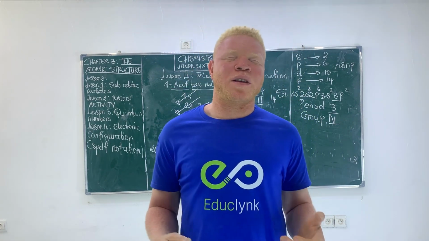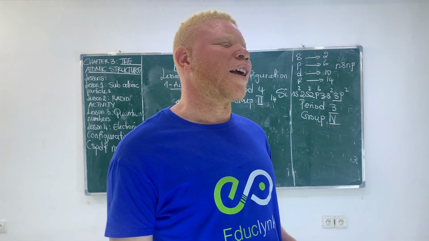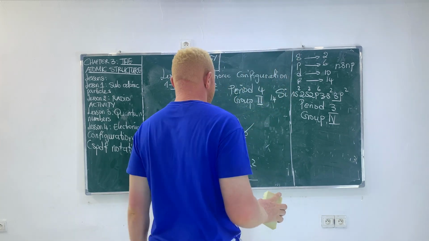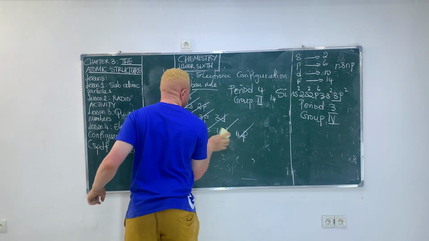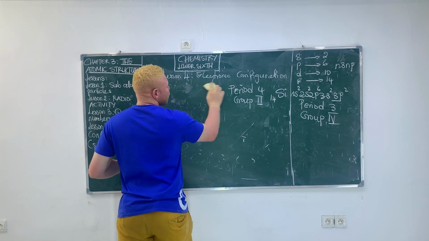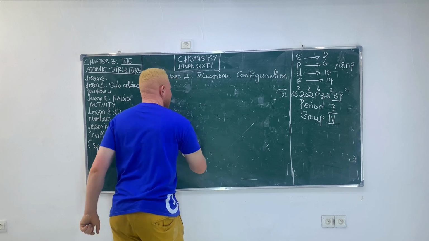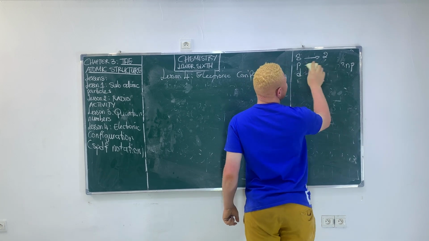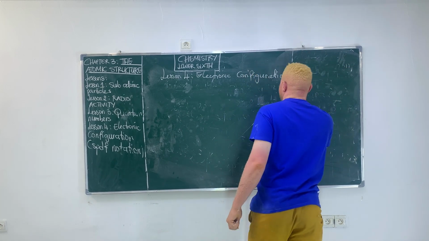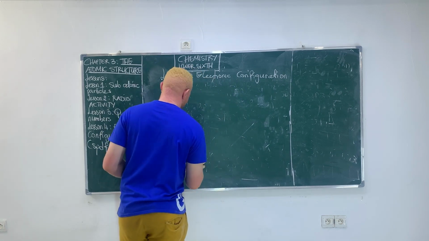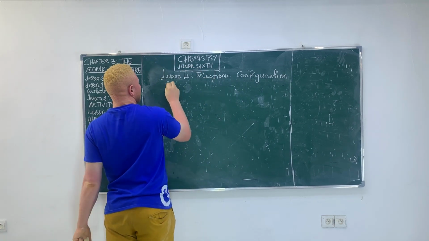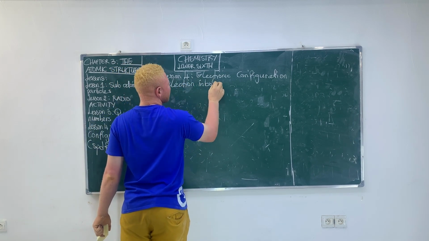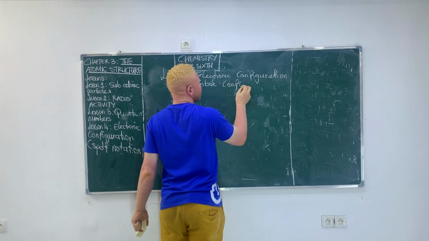So let's see how we can represent the configuration of an element using the electron in box configuration.